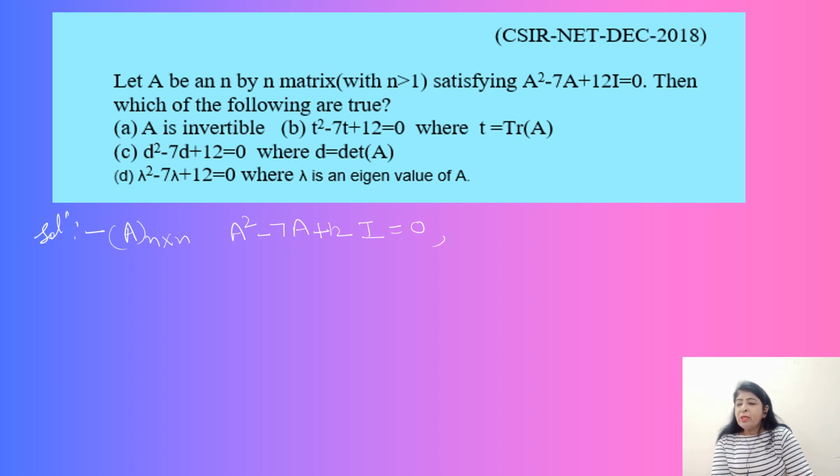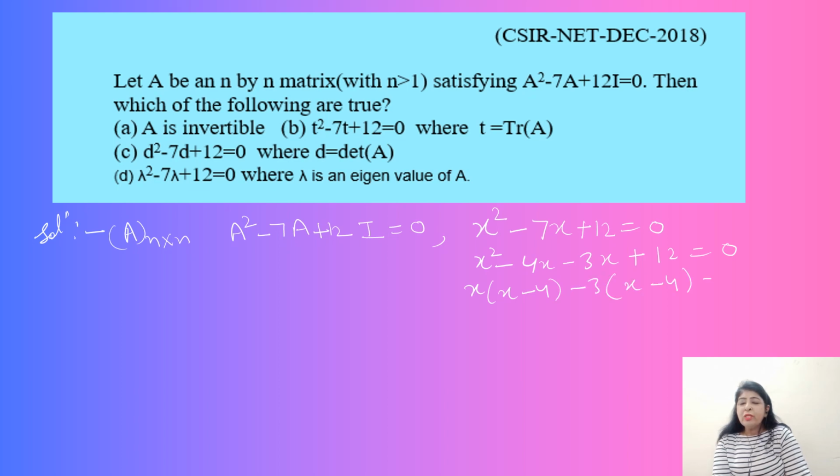So the characteristic equation will be x square minus 7x plus 12 is equal to 0. Make its factors: x square minus 4x minus 3x plus 12 is equal to 0, so x minus 4 into x minus 3 is equal to 0, which implies x is equal to 3 and 4. Clear?